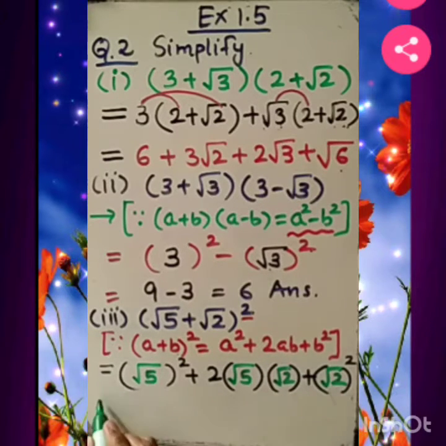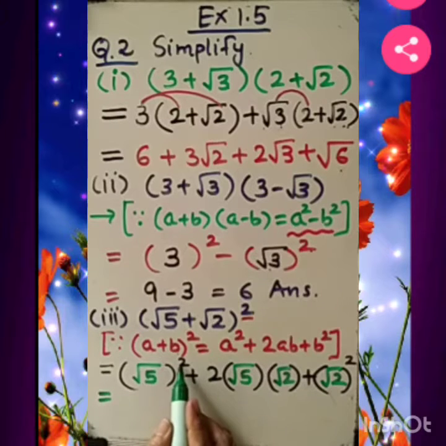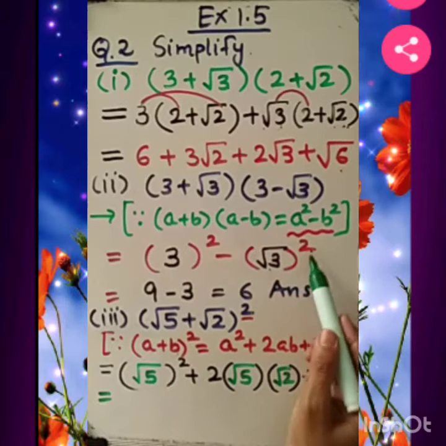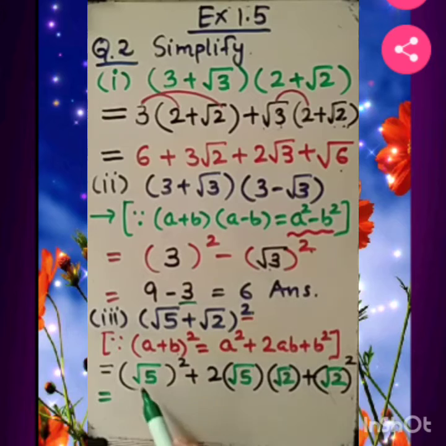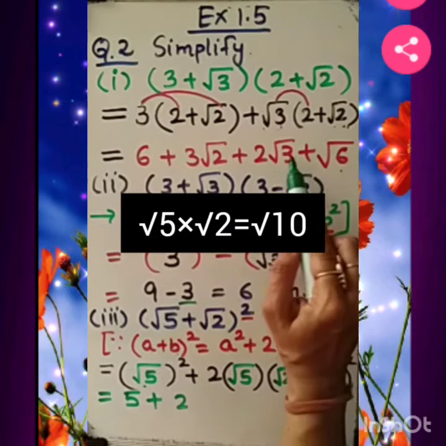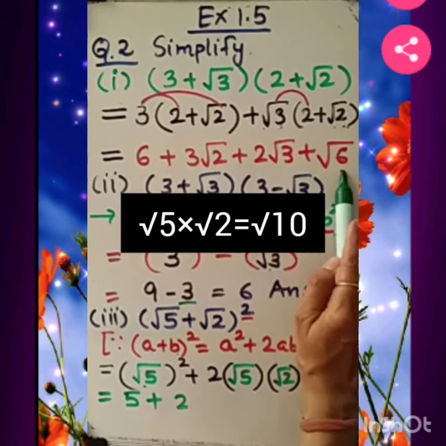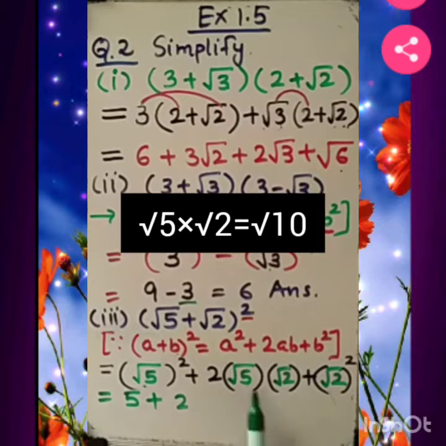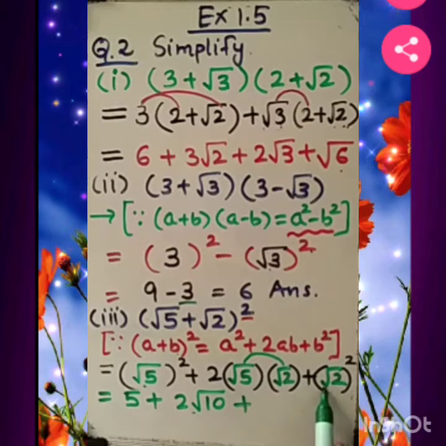Root 2. So root 5 square, as I taught you, root 3 square is 3, so root 5 square will be 5 only. Here 2 into, as I taught you, multiplication, root 3 into root 2 is root 6, so root 5 into root 2, 5 twos are 10, so here I need to write under root 10. The multiplication of these two is root 10. And of course root 2 whole square gives the result 2.